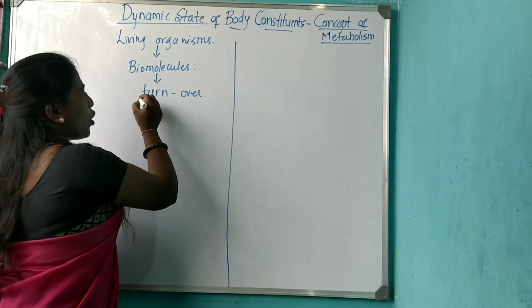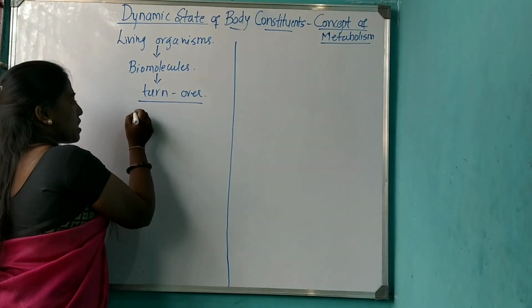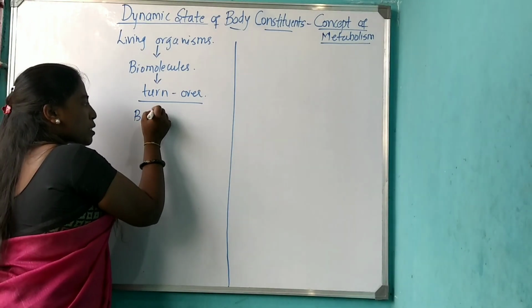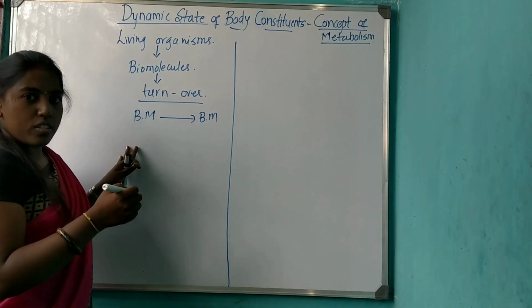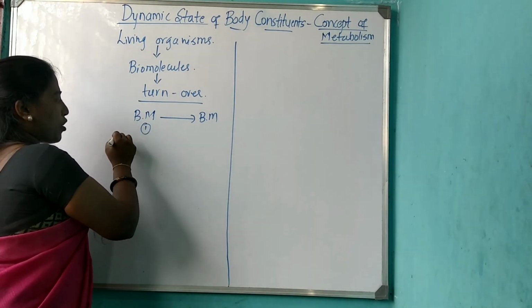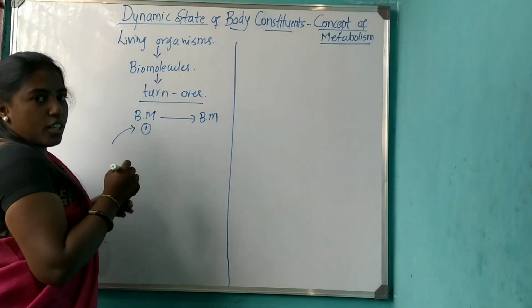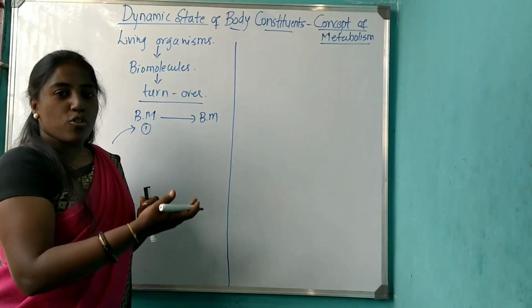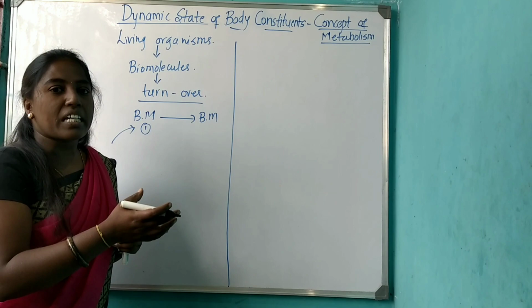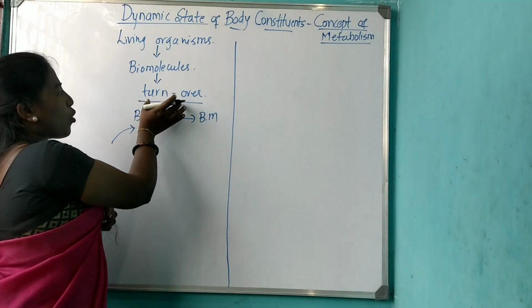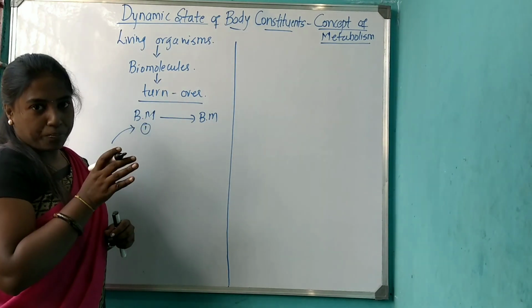For example, when you consider a biomolecule, this biomolecule will be converted into another biomolecule, and the first biomolecule is made again. So the formation and breaking of biomolecules occurs constantly in a cell. That we will call the turnover.